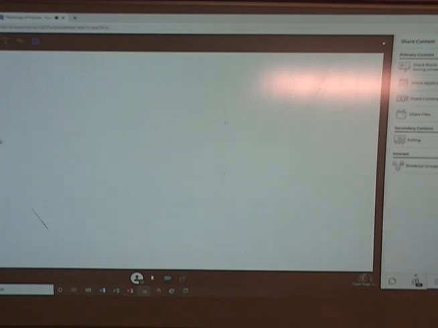Anyway, the energy balance can be very nicely shown using a seesaw.